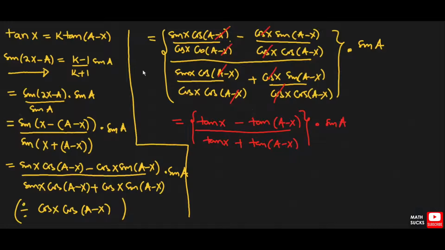So now the idea is how do we make substitutions for k? So to do that, we are going to make k the subject. So I'm going to say from here, if we go back to this equation, then our equation is going to be k is equal to tan of x, then divided by tan of a minus x, right?